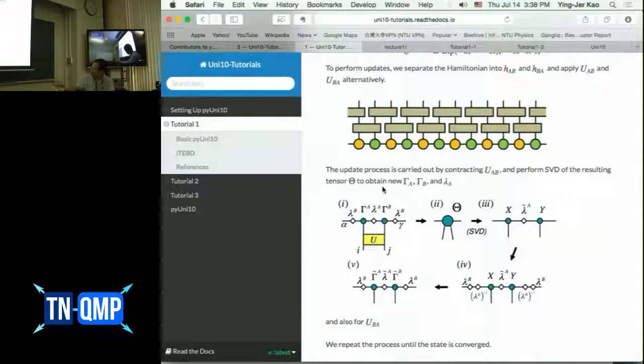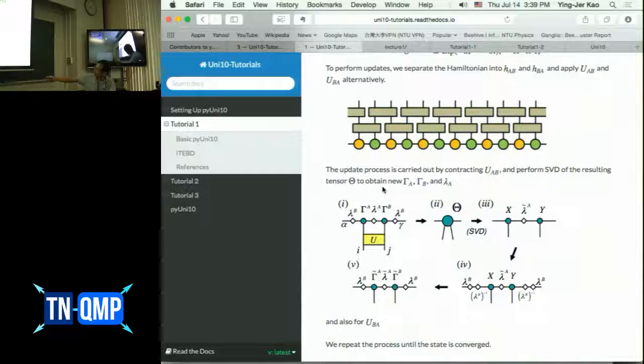In this tutorial, we're going to use the simplest type of iTEBD. Basically, you take this tensor, a region in the canonical form, and apply this gate. You get a big fat tensor, and do an SVD. Then the singular values are updated, and you bring it back to the proper canonical form.